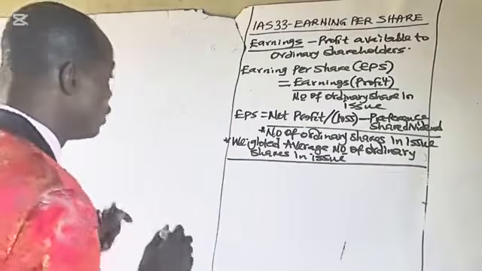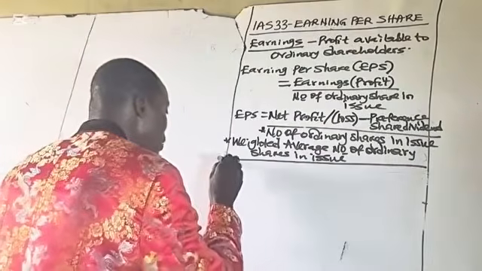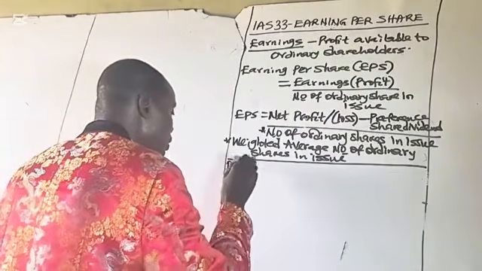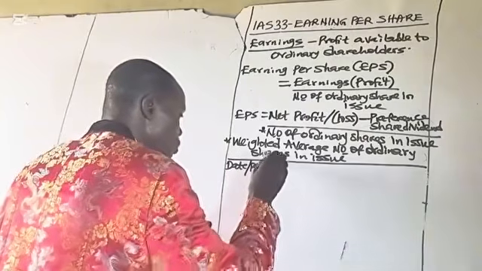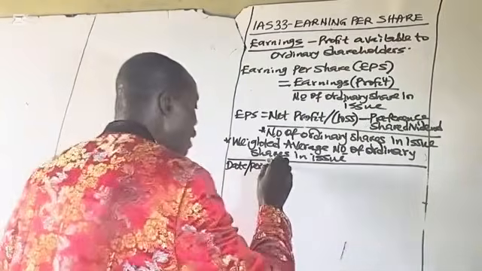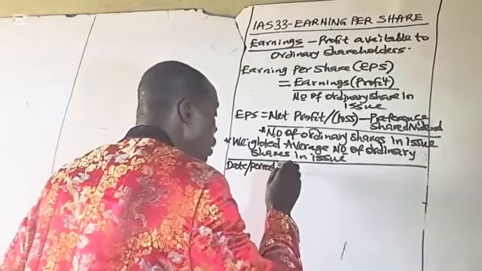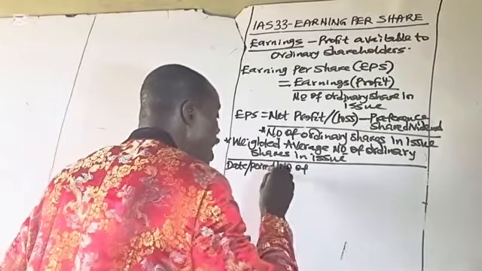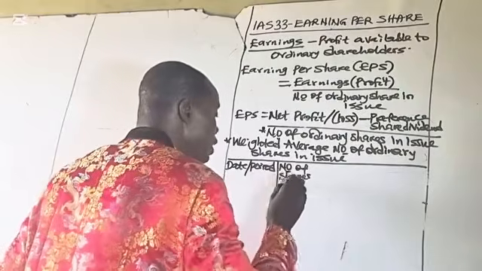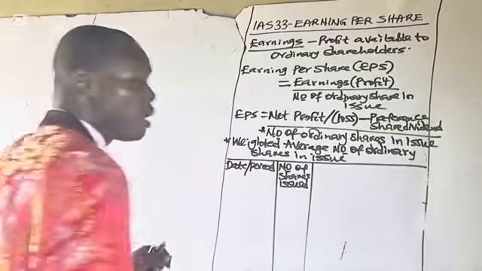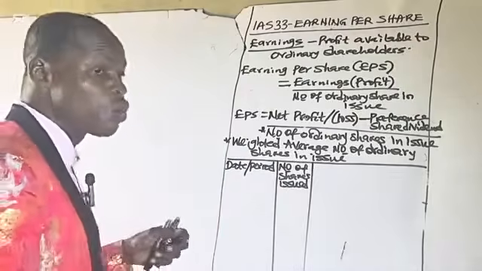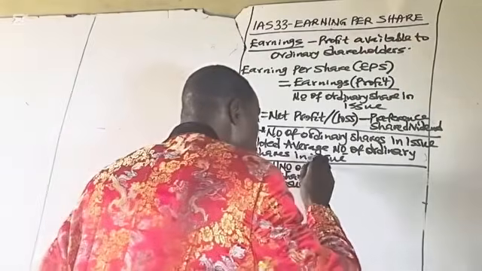I want to give you this as a format. You may start with date. You have a column for date or period it was issued. Then you may also have number of shares issued. After number of shares issued, you have cumulative number of shares issued.